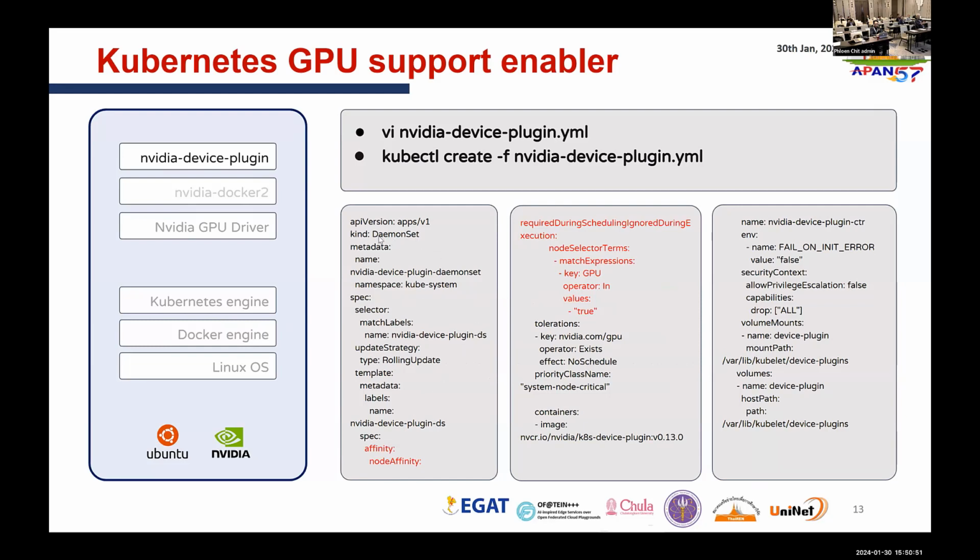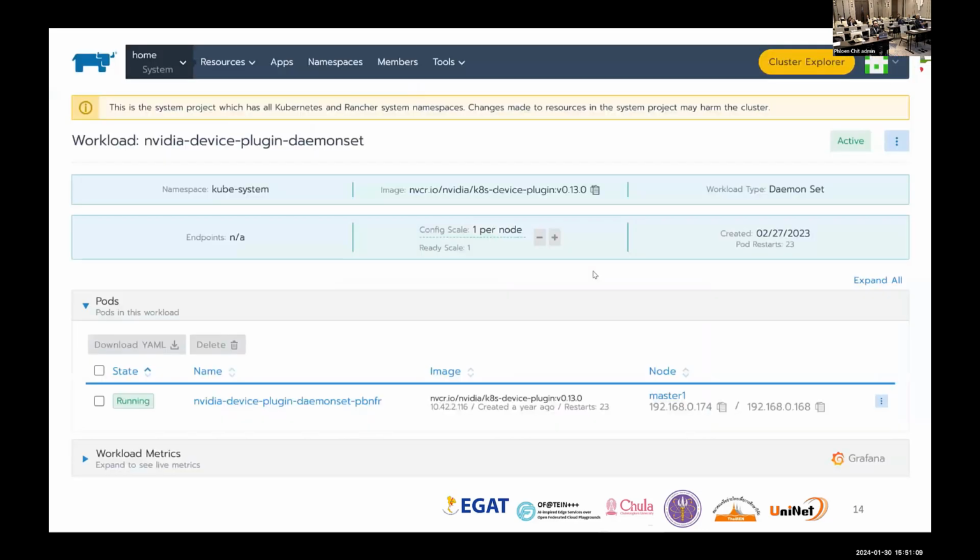If you deploy this by default, it will not be so good. So you have to customize your configuration to intentionally run only inside the nodes that have GPU. That is the idea.